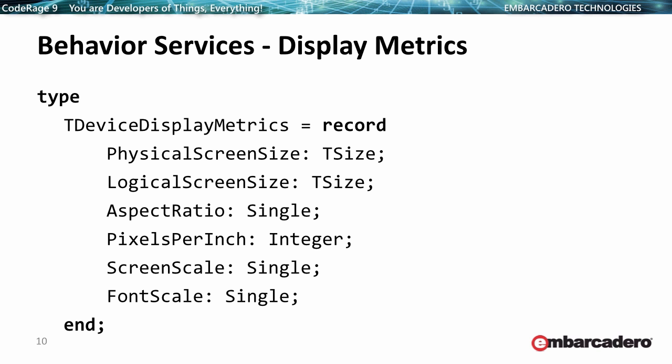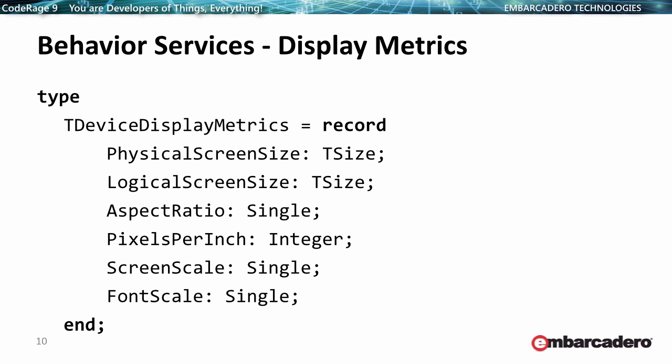It has the physical screen size and the logical screen size, and the difference is the physical screen size is the actual physical number of pixels on the screen, whereas the logical screen size is what the screen size is based on the pixels per inch, or the density of the screen. So for example, the simplest example is the original iPad had 1024 by 768 pixels.